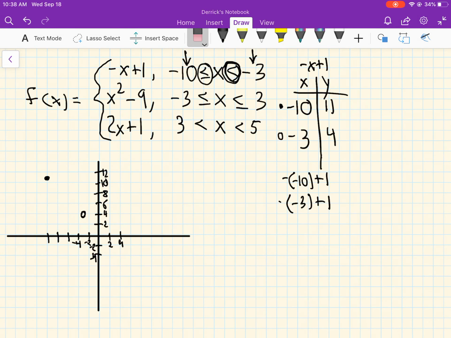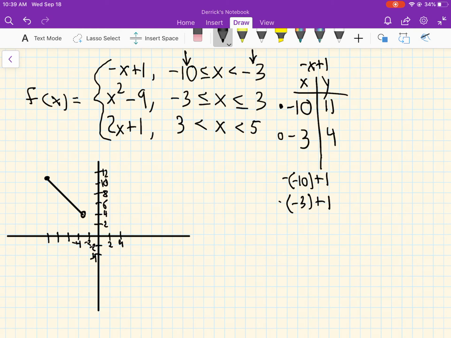Like I said, we know that negative x plus 1 is a linear function. So 2 points is enough. All we have to do is draw ourselves a straight line between them. And that is a third of our graph.